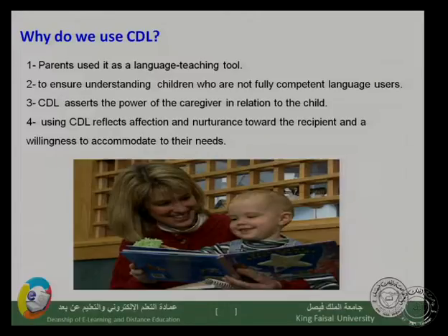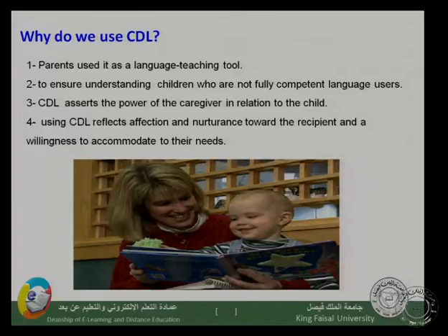So when they use child-directed language, they can assert their power position, because with this language they can always use directives, they can always give commands. Don't do this, don't do that, close the door, open the window.